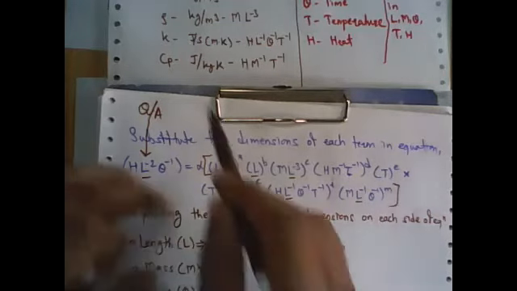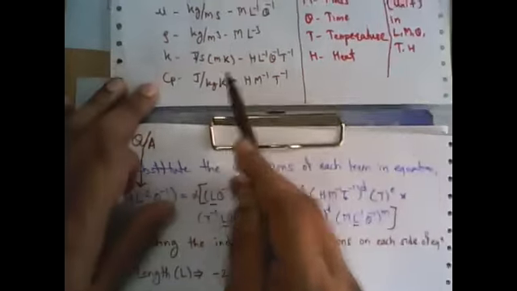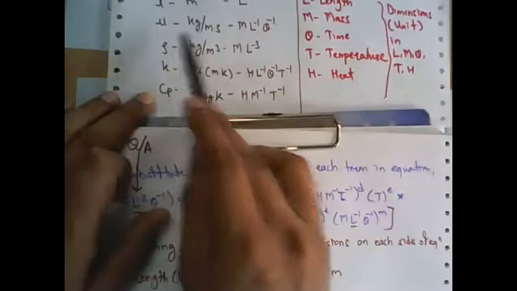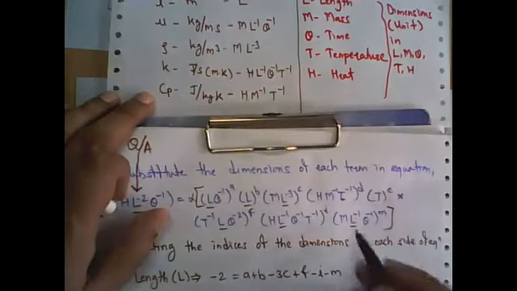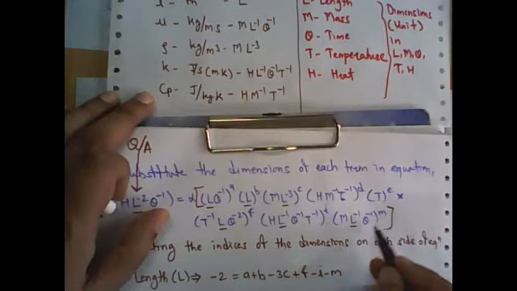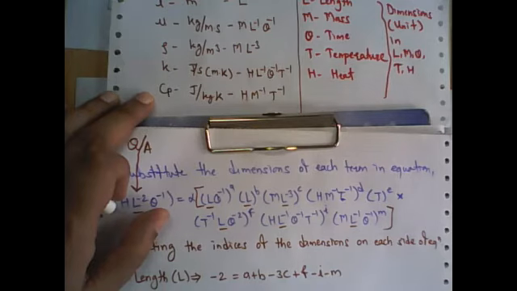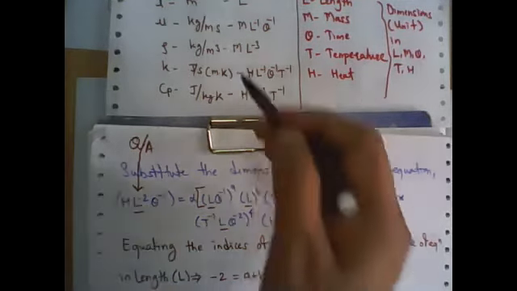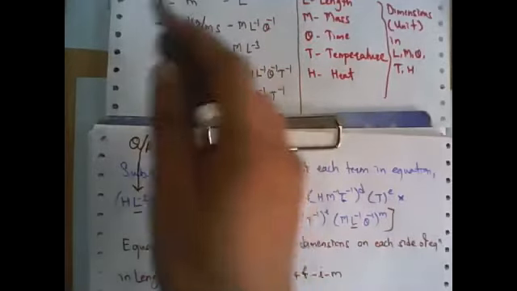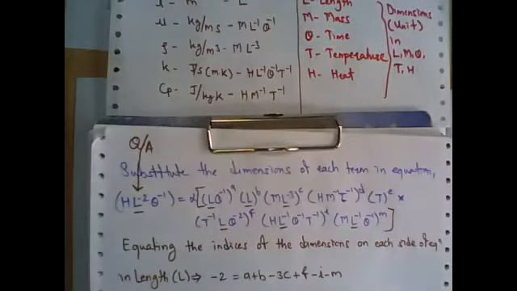So what is mu? Here mu is m L raised to minus 1, theta raised to minus 1. So I have written m L raised to minus 1, theta raised to minus 1, bracket raised to m. So what I have written here are all these variables in terms of L, m, theta, T, H on the left hand side as well as on the right hand side.